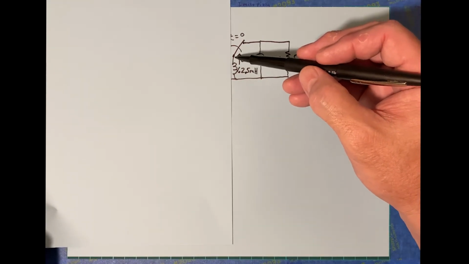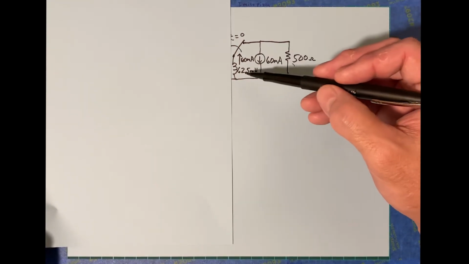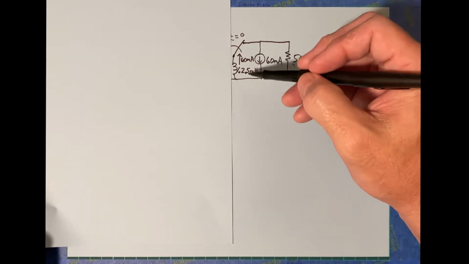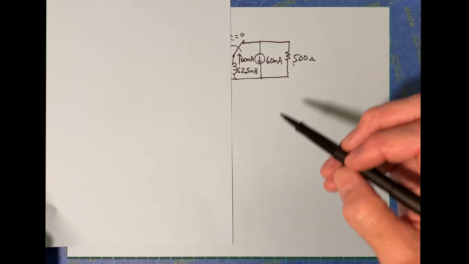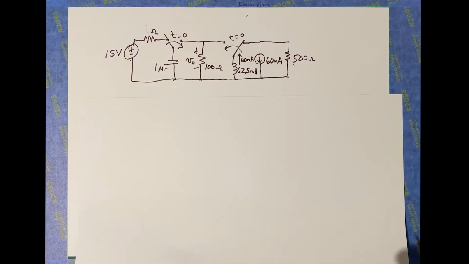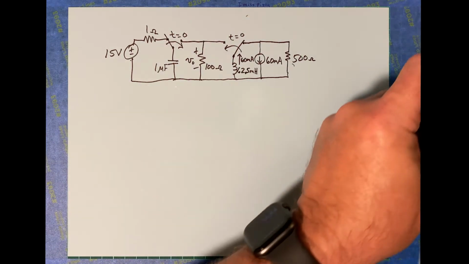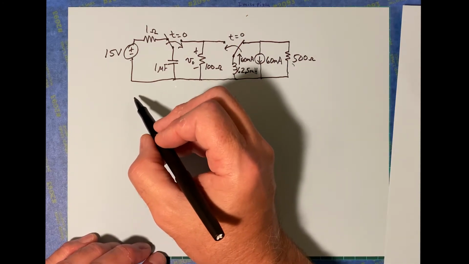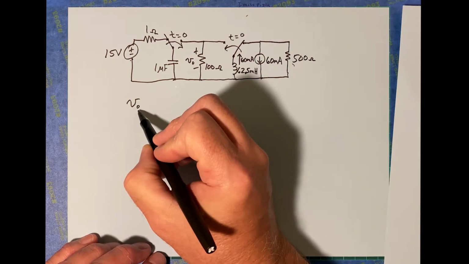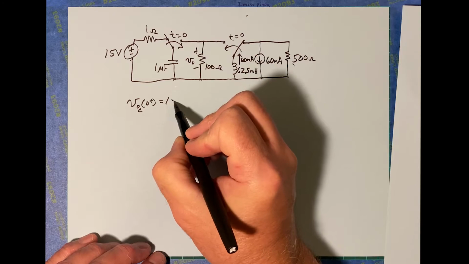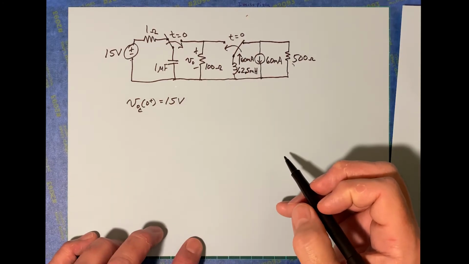But since the switch is over here, and after a long time, the inductor is going to behave like a wire, so it's going to have all the current, and it acts like there's a short across that. So we really have some of our initial conditions figured out just by looking at it that way. Before t equals 0, the voltage across the capacitor at 0 plus is going to be 15 volts.